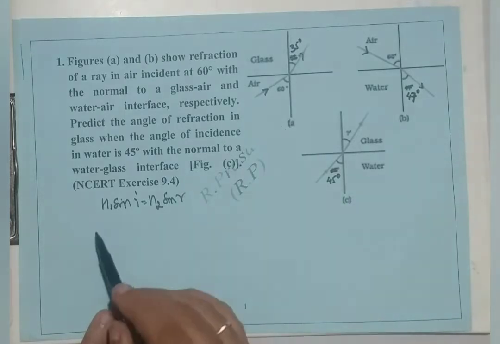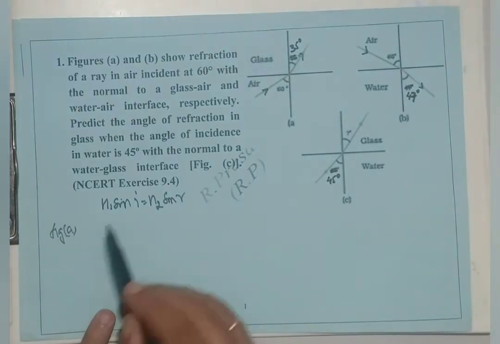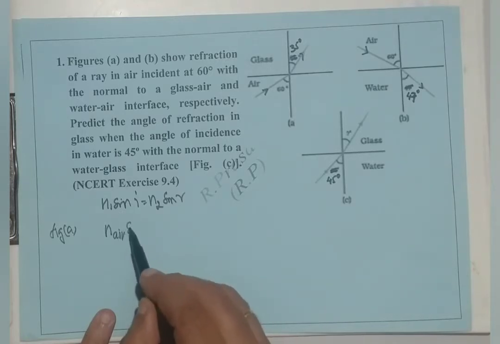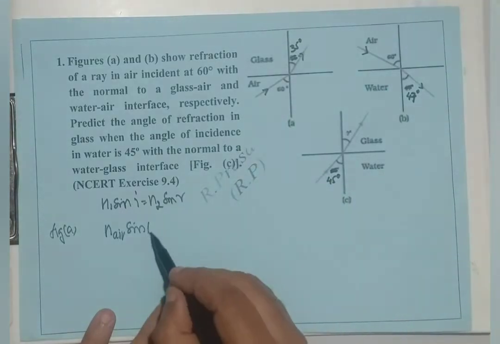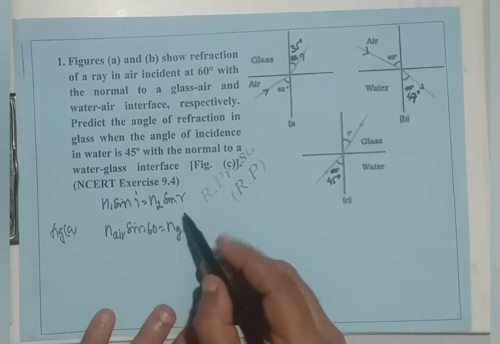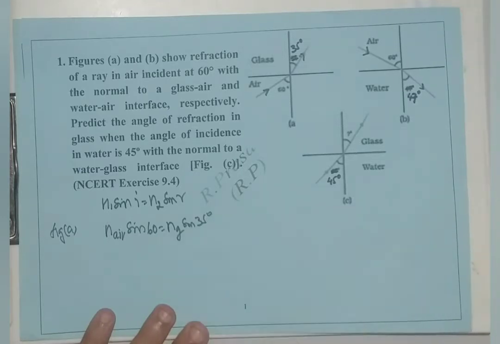Therefore, in this case, for figure A, we write N1 means air, so N air sin 60 degrees, because N2, I write it as Ng, glass, sin 35 degrees.